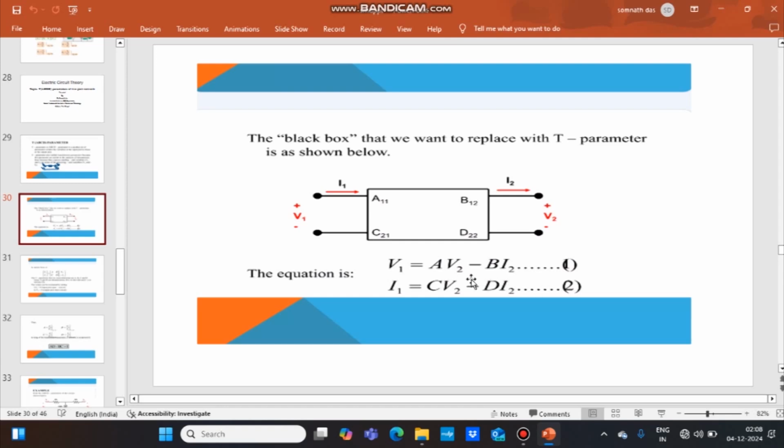From equation 1, when we want to calculate the value of A, we have to make this part 0. To make this part 0, we have to make I2 equal to 0. I2 equal to 0 means we have to open circuit the output terminals or receiving end. So by open circuiting the output terminals, we can calculate the value of A and C.